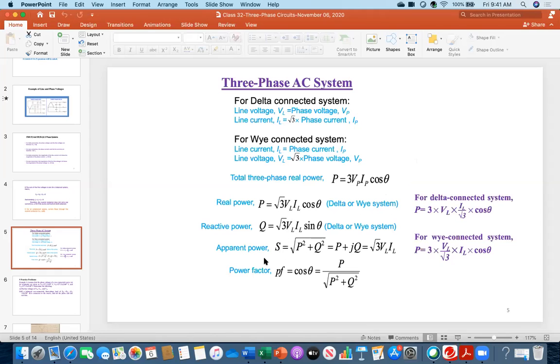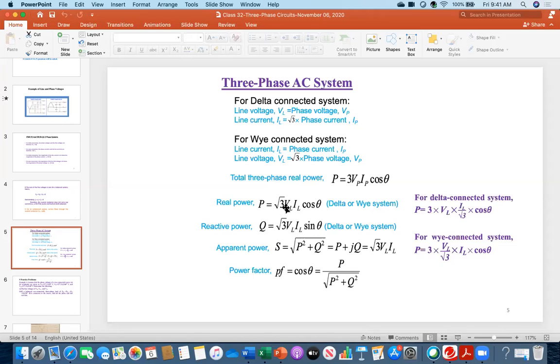Then similarly, I think you remember the power triangle: P along the base, then the y-axis Q, and the hypotenuse S, the apparent power. So in this case, apparent power is root over P square plus Q square. And then cos square theta plus sin square theta will be 1.